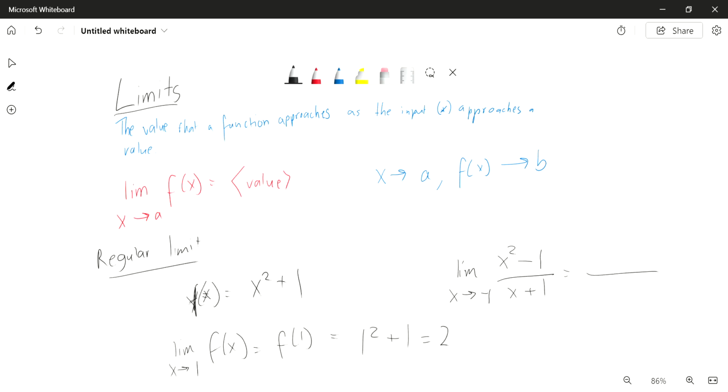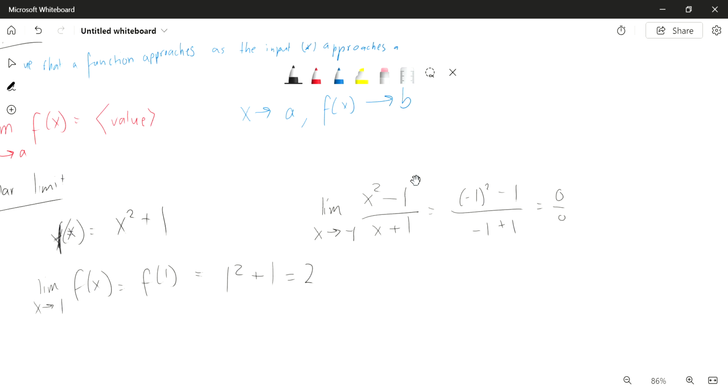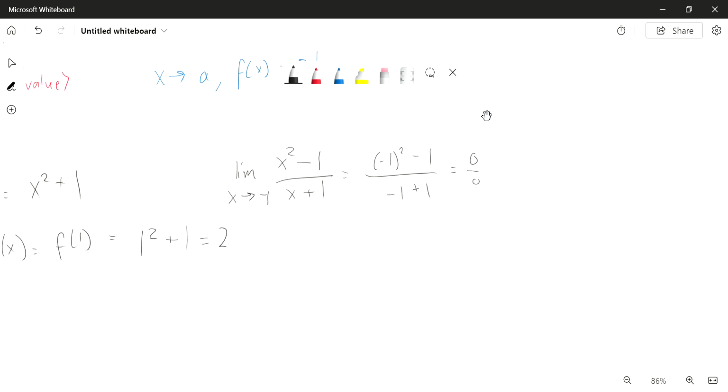You would end up getting 0 over 0, which is an indeterminate form, meaning that you can't calculate the limit. Or can you? You actually can calculate this limit, because x squared minus 1 can just be written as x plus 1 times x minus 1, and then you have x plus 1 on the denominator.